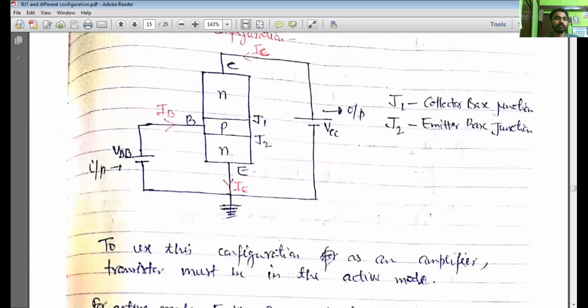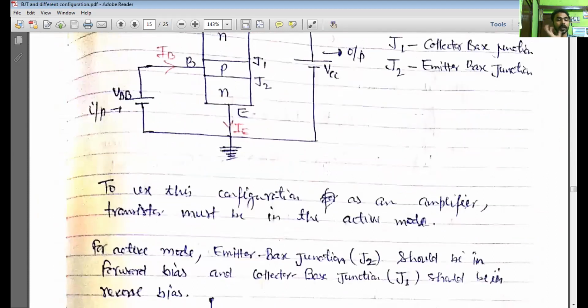Now the collector-base becomes J1 and the emitter-base becomes J2. Now I have to use this in the active mode. I told you for the active mode, input should be in the forward bias and the output should be in the reverse bias. So see, this is my input end, and this input end is with J2.